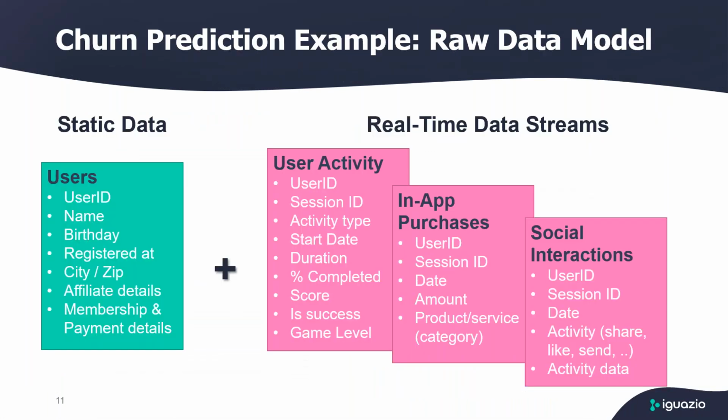So let's take an example. Let's assume we want to build a real-time pipeline, and I take an example of real-time churn prediction. Let's assume you have a mobile app or a game or anything like that, and you want to create a pipeline that will predict the churn of a customer. Obviously, you can do that in batch.